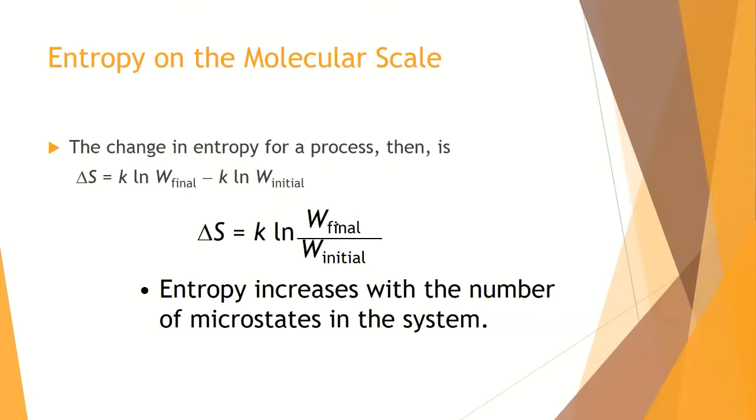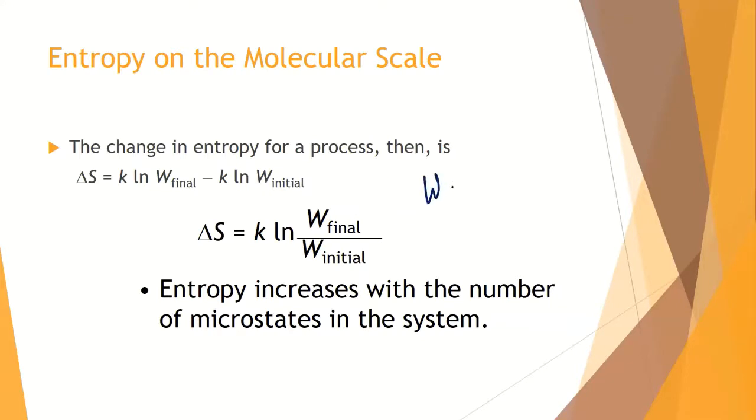Now, knowing the entropy of a given system is somewhat useful, but we really are more interested in processes and reactions. So we have to evaluate changes in temperature, changes in reaction state. And so delta S can be expressed as this difference in the Boltzmann values, which, if you know your logarithmic rules, we can turn the subtraction into a fraction here, and delta S is ultimately going to be related to this fraction. And so what does that mean?